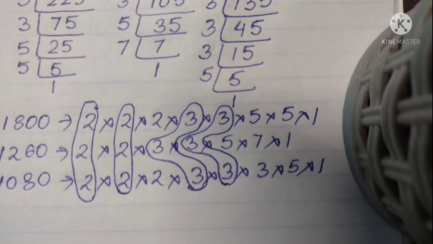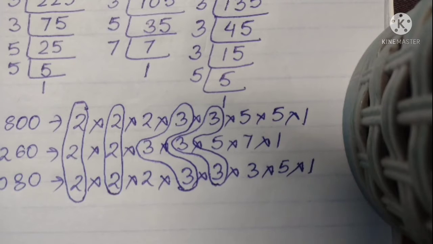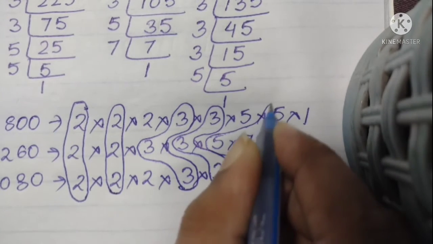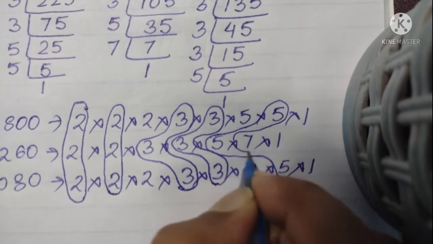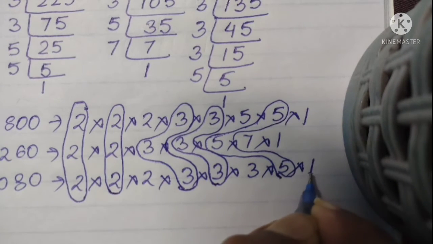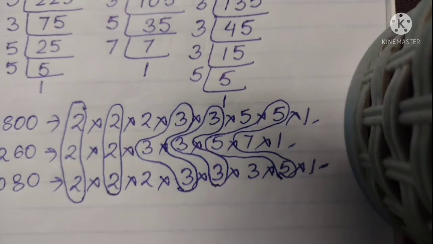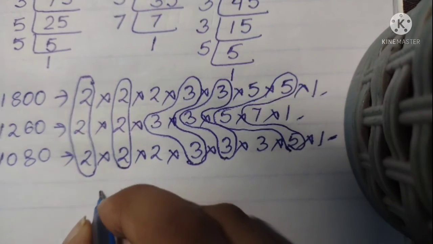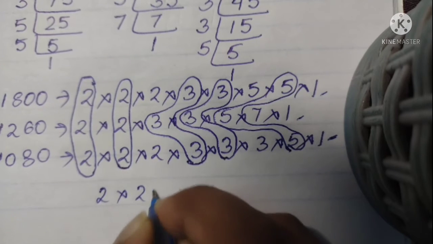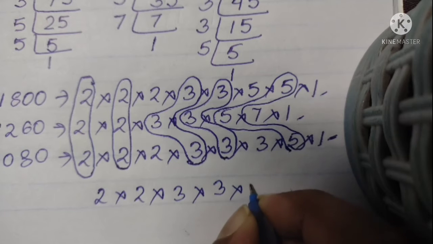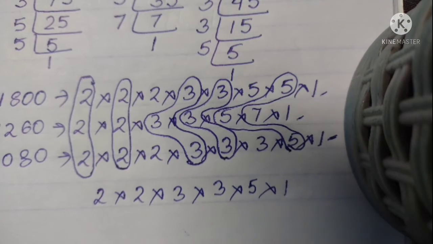Then 5 is also common. And 1 is common. Here 1, and there also 1. So 2 into 2 into 3 into 3 into 5 into 1.